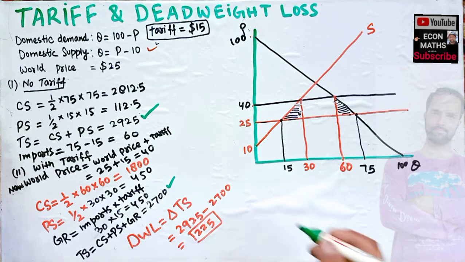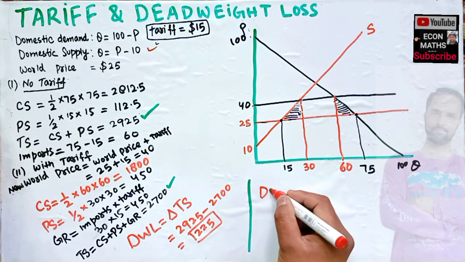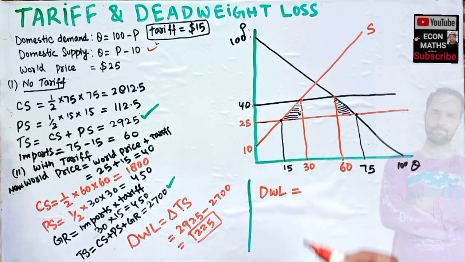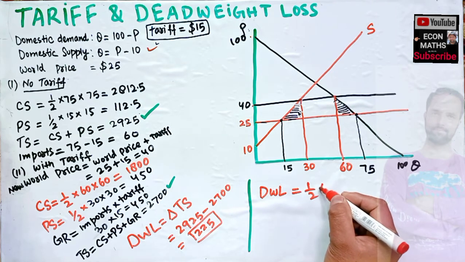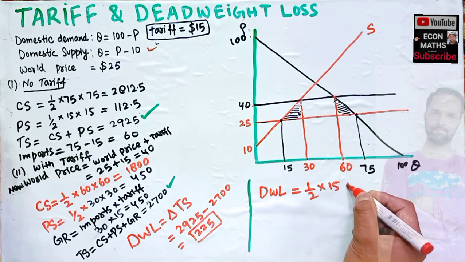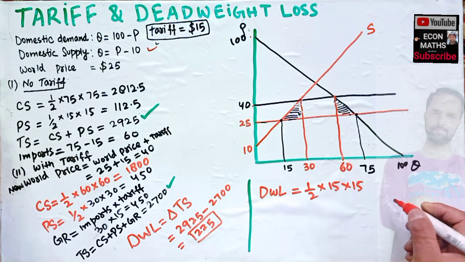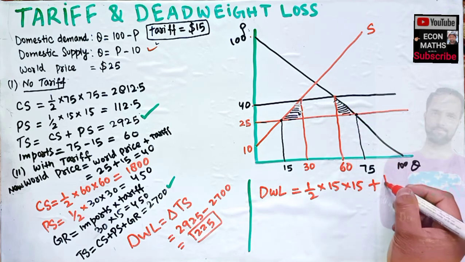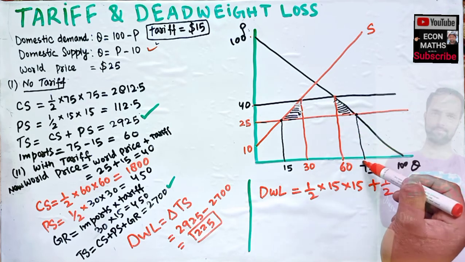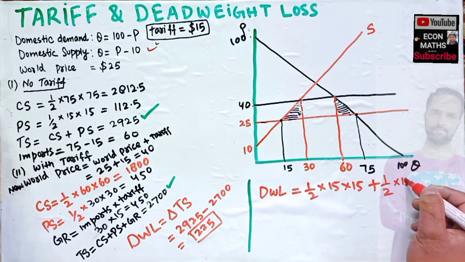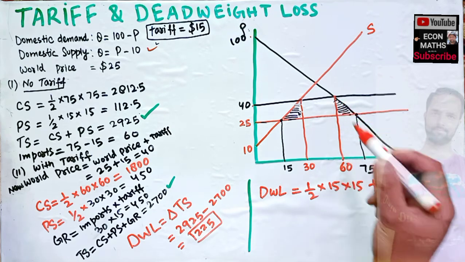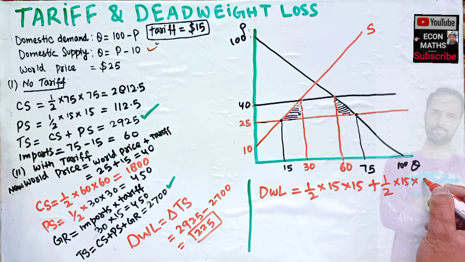Now we can see here again, if we want to calculate deadweight loss by another method, deadweight loss will be equal to the area of this triangle. What is the area of this triangle? It is simply 1/2 of base. What is base? 30 minus 15 is 15. And what is height? 40 minus 25, that is also 15. Plus the area of this triangle, 1/2 of base, 75 minus 60, that is 15, into height, 40 minus 25, this is also 15.